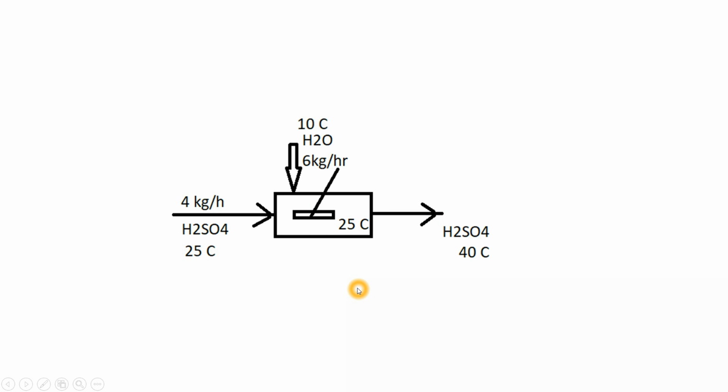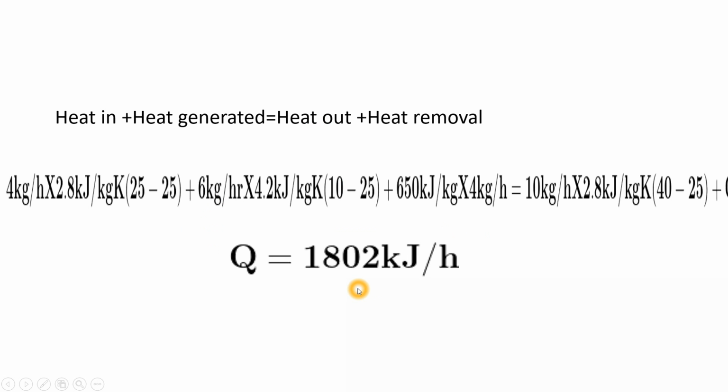So we will apply the energy balance here. Energy balance can be given as heat in plus heat generated is equal to heat out plus heat removal, since we are removing the heat.